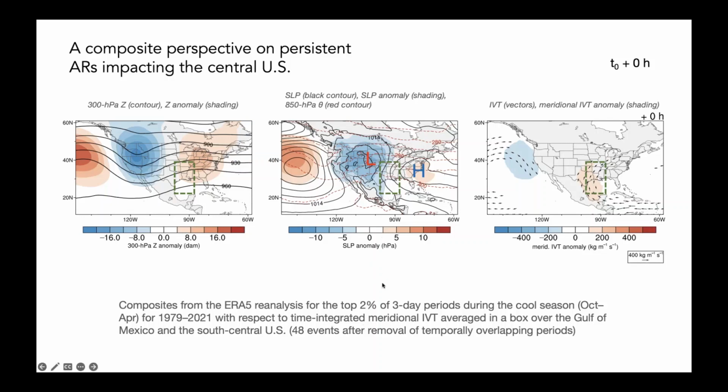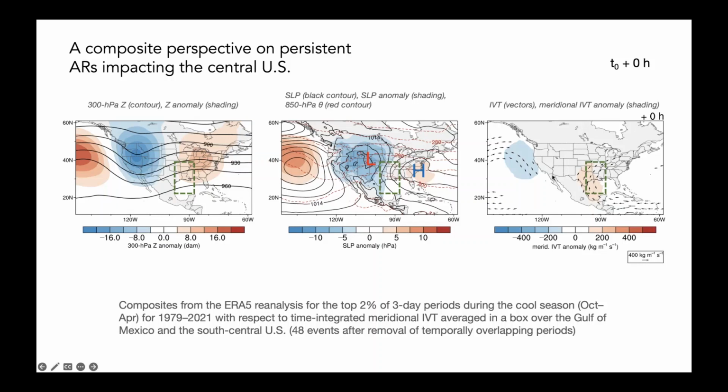After removing overlapping events, I have 48 events, and I've constructed composites of 300 hectopascal geopotential height anomaly on the left, the sea level pressure anomaly, and 850 hectopascal potential temperatures in the middle. And on the right, I have IVT and the IVT anomaly.